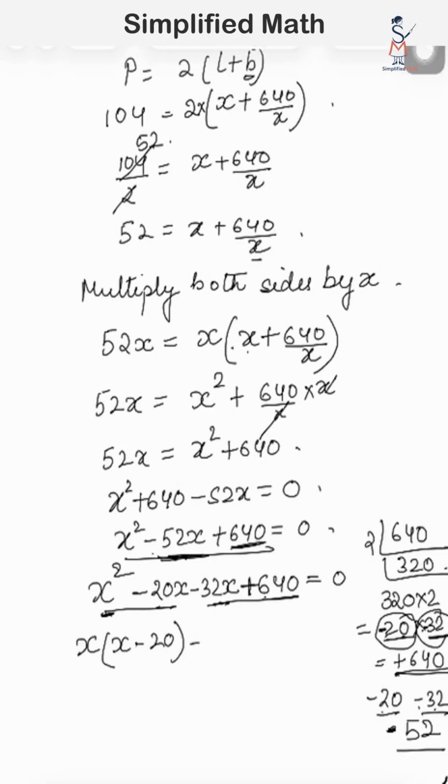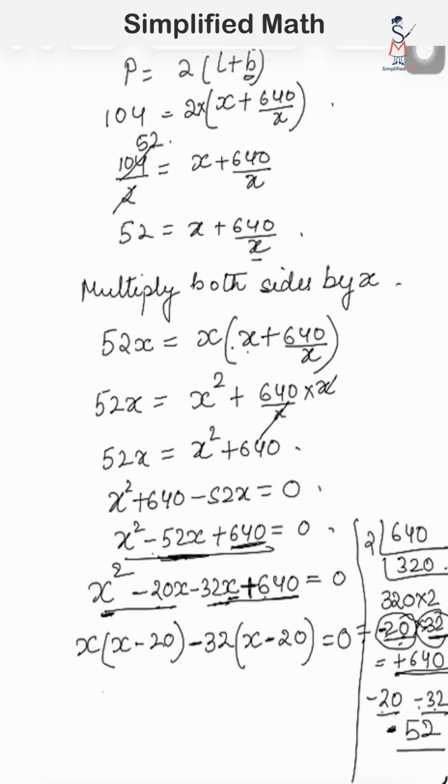Here what can I take common? I can take common minus 32. What is left in the first term? X is left in the first term. And what is left in the second term? 640. We saw here 32 into 20 is 640. 32 into 20 will give me 640. And I want plus. So here also minus will come, then minus minus plus will happen.